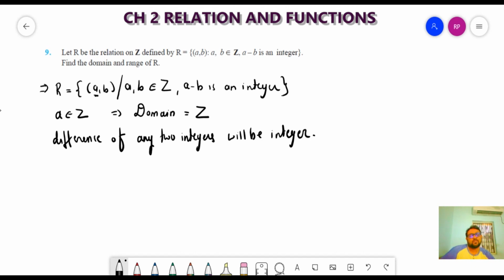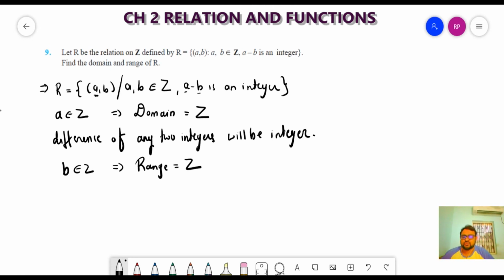Means when you subtract any two integers, the answer will be an integer. So if I am taking a as any integer, then I can take b as any integer. So b will also belong to Z. We can take any value from that integer, right? So the range will also be equal to Z.